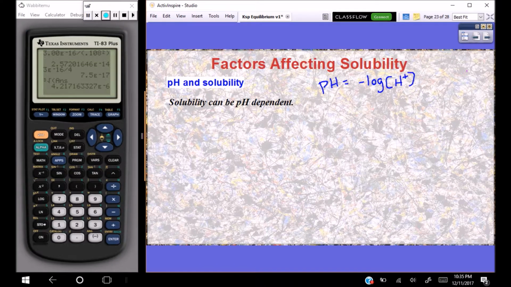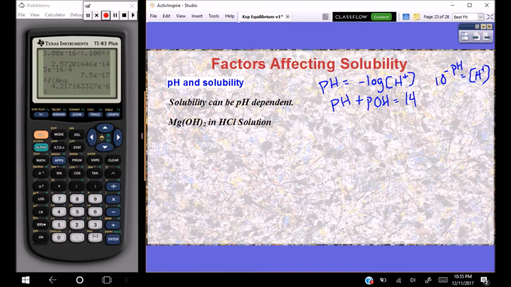We also know that pH and pOH equal 14. We also know that we could do 10 to the negative pH, and that's equal to my H plus concentration, or my H3O plus concentration, depending how you want to go about solving it.